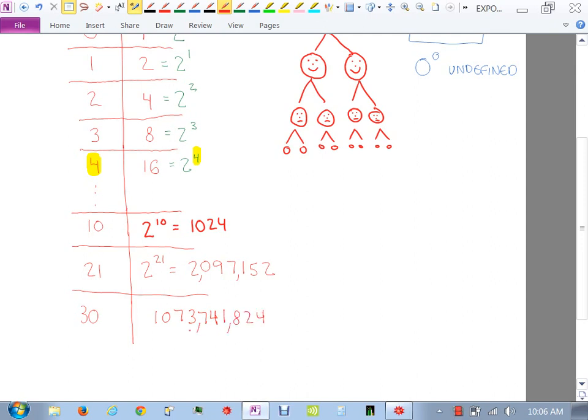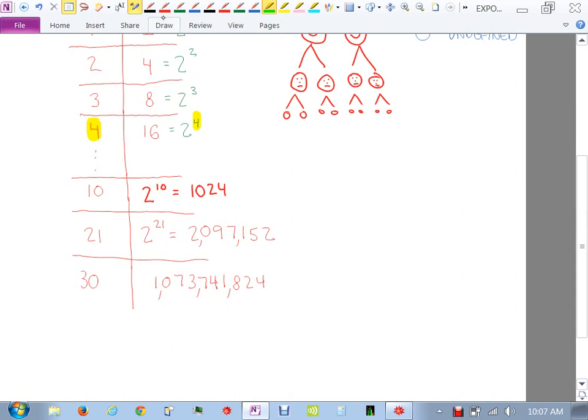What is that? What comes after million? Billion. So that's a billion. You have a billion bacteria there.